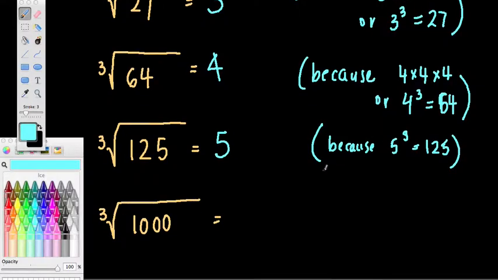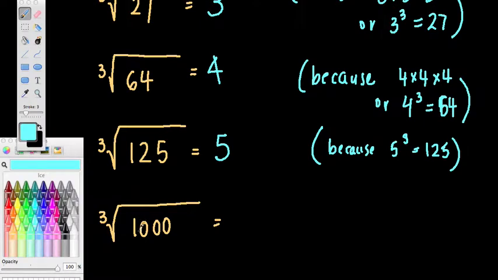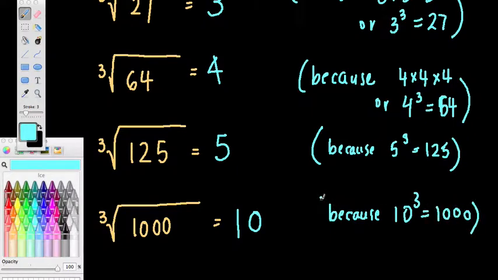The last one, this is an easy one, isn't it? Hopefully you can see what it might be. The cube root of 1000 is 10, and that's because 10 times 10 times 10 is 1000.